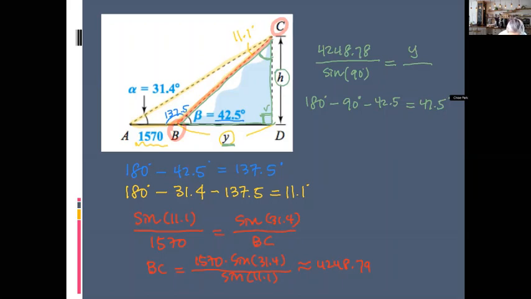Then that's gonna make the denominator the sine value of 47.5 there. Then we rewrite this equation here so that we can isolate y with 48.78. Oh, it's been like 49.